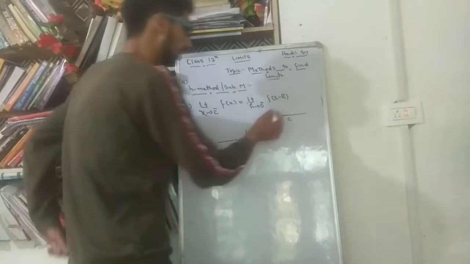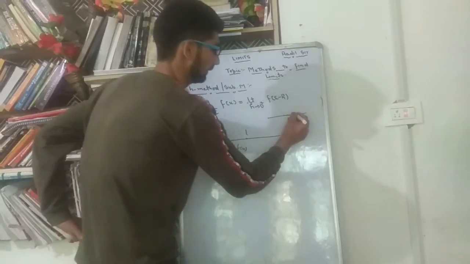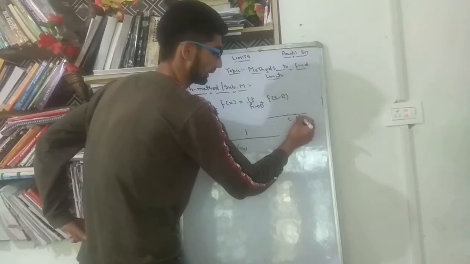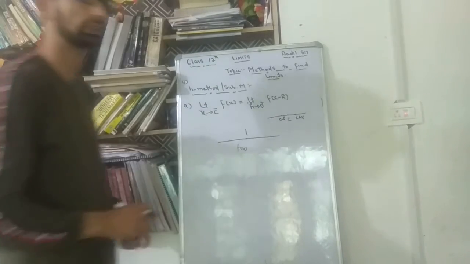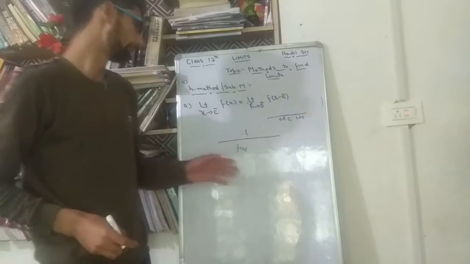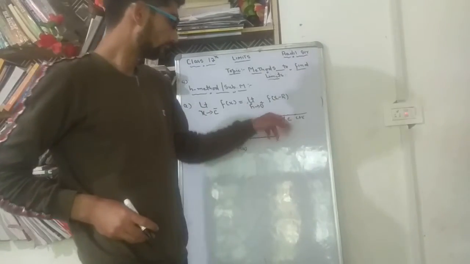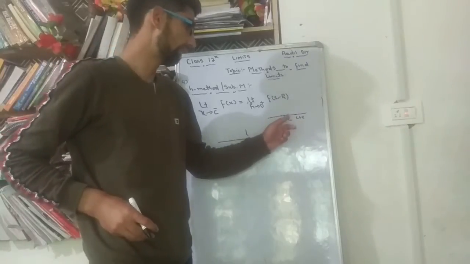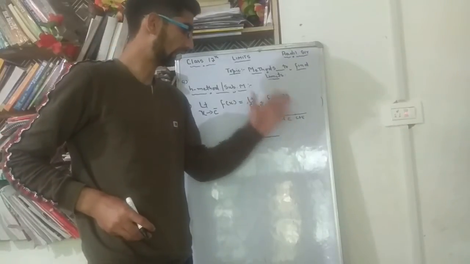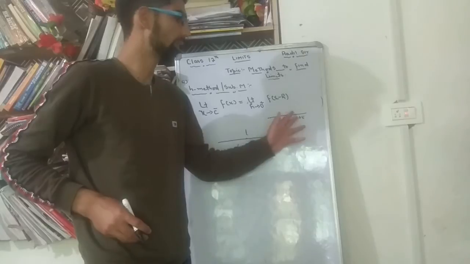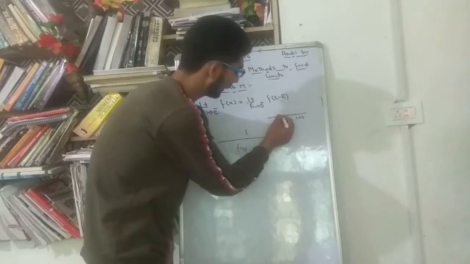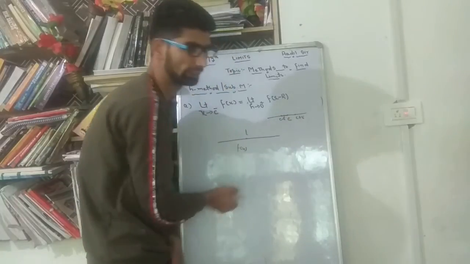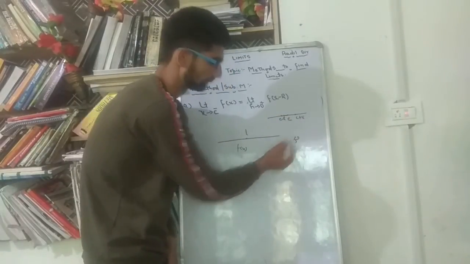Now, if I take here c plus h and here c minus h, here we have point C and I have taken two neighbors of C: c plus h and c minus h. If I check the distance between this C and c minus h, clearly that is h.